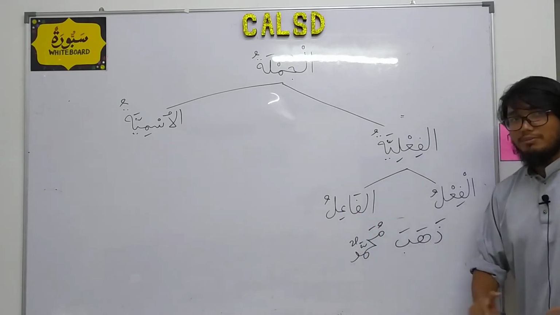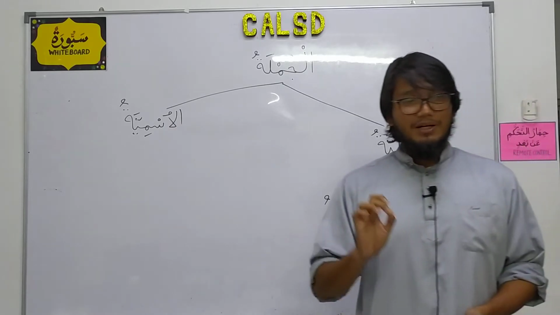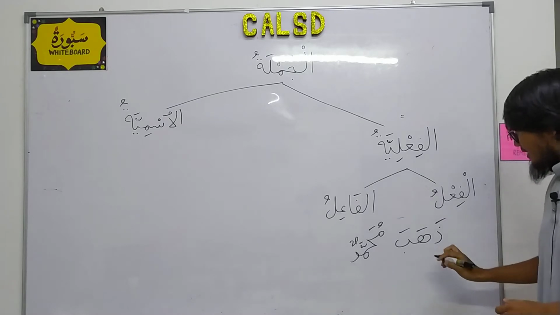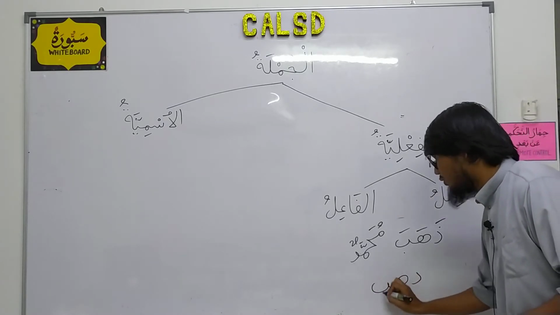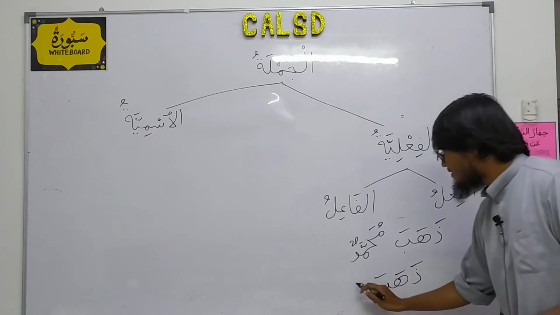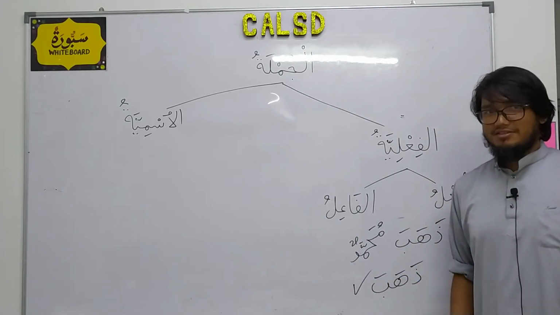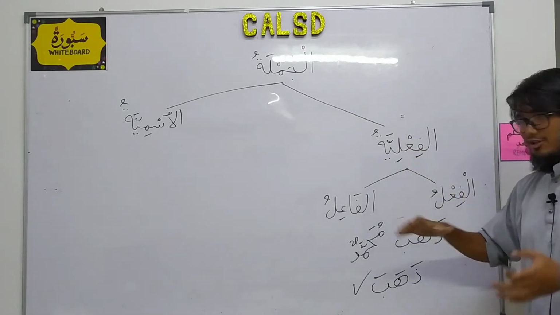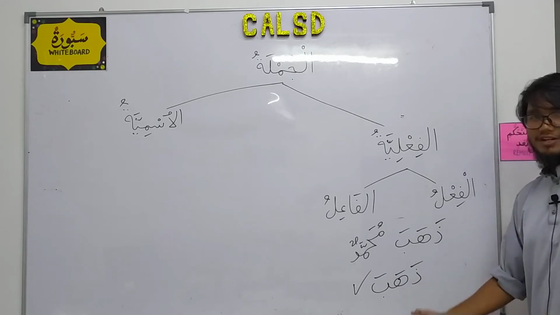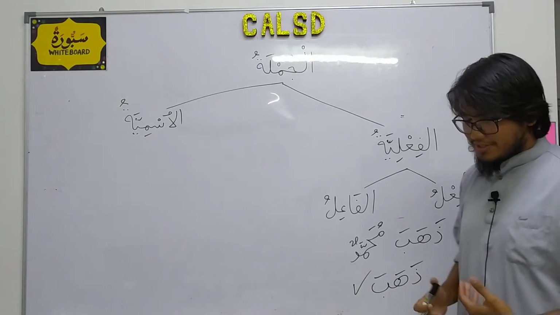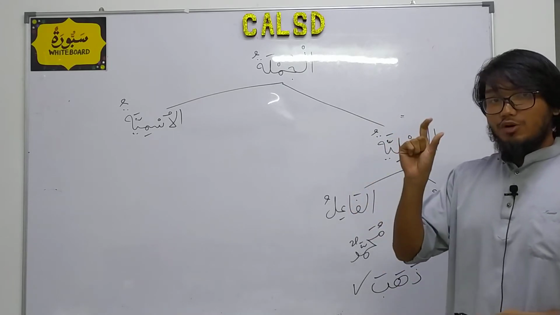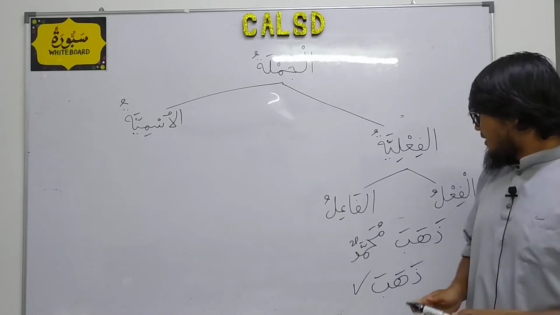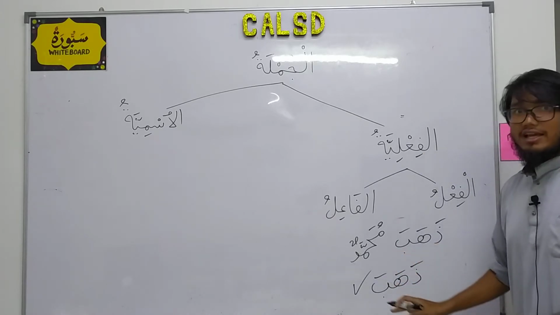Simple stuff. Dhahaba Muhammadun. And one special thing about the Arabic language, and I think most of you may have heard this before, if we say dhahaba only, this is considered to be a full sentence, because it already has the pillars of a sentence, which is fi'l wa fa'il. You might be thinking, okay, this is the fi'l, where's the fa'il? So in Arabic, there's a special thing whereby the pronoun, or as we call it, the domir, is inside the fi'l.